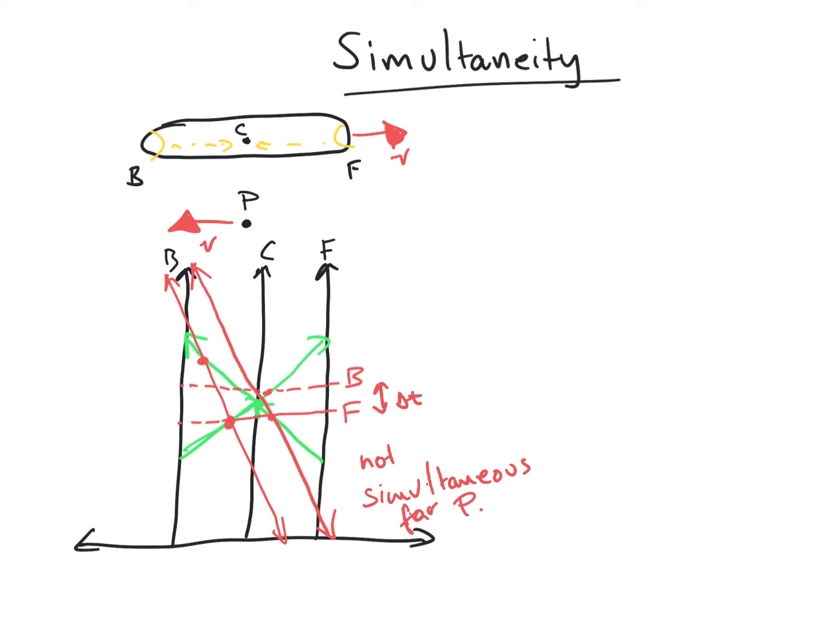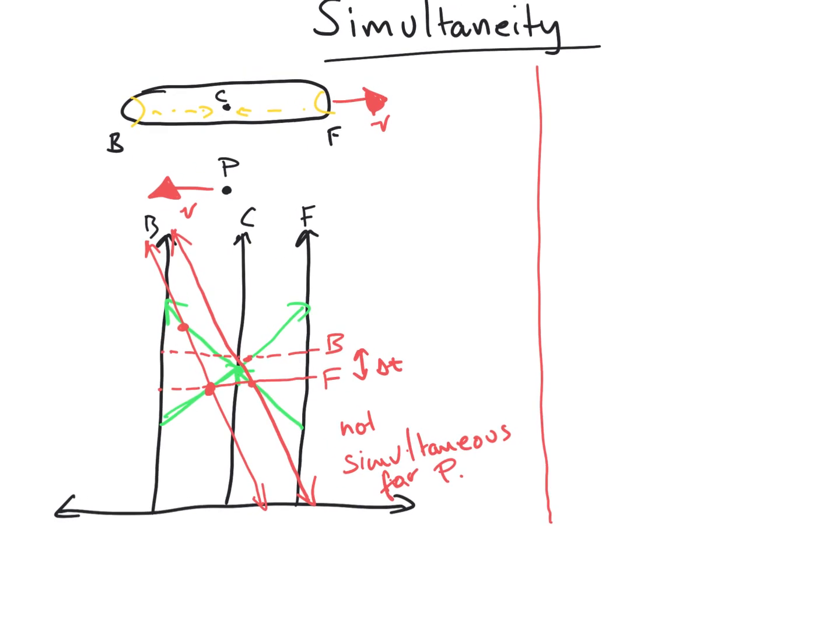All right, and now some people think, well, how about we look at it the other way around, which we can also do. What happens if we consider P to be stationary? We're going to get the same result here. I might just shrink this down a little bit.